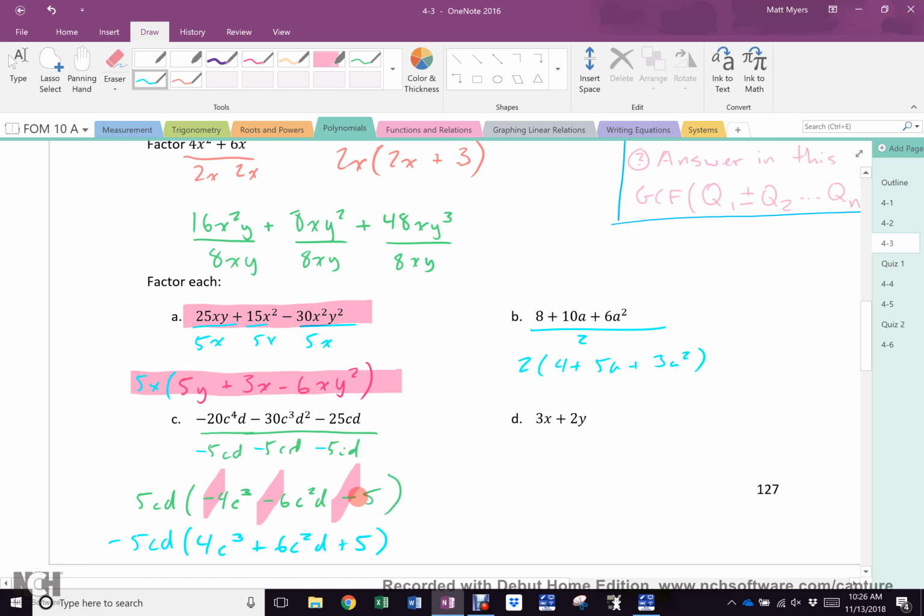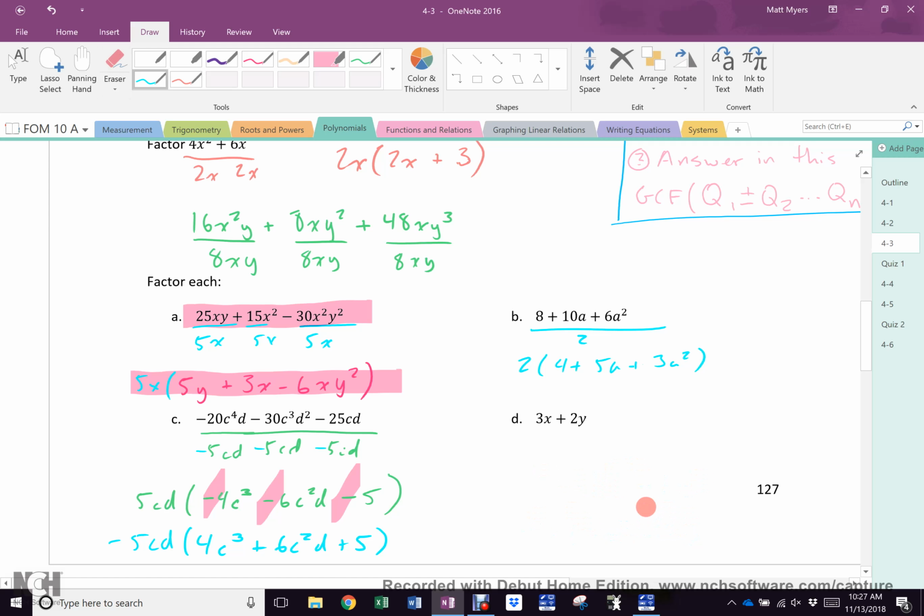It's a very powerful tool to use later in math because negative 4c squared minus 6c is the same as negative 1 times 4c squared plus 6c. Everybody cool? All right.